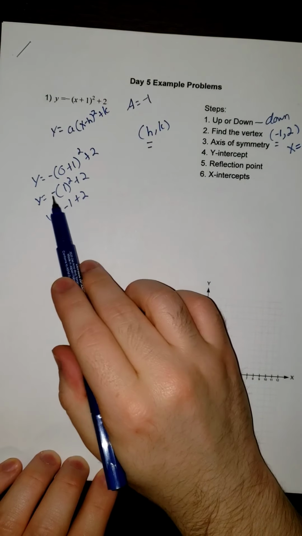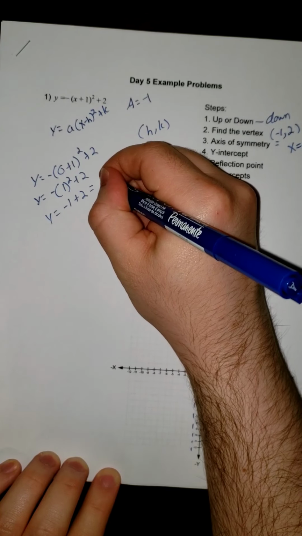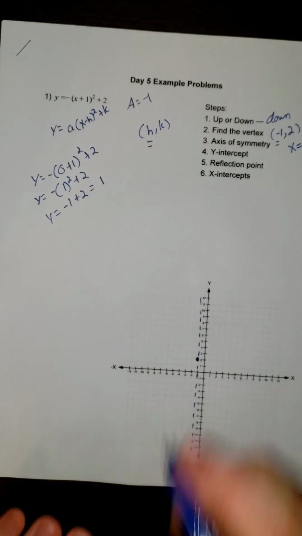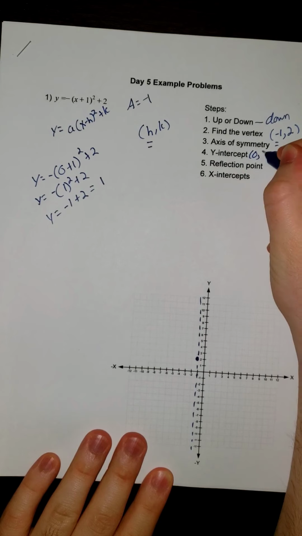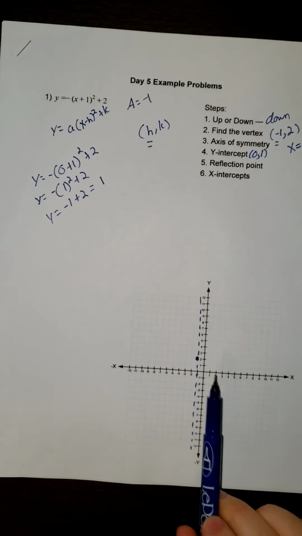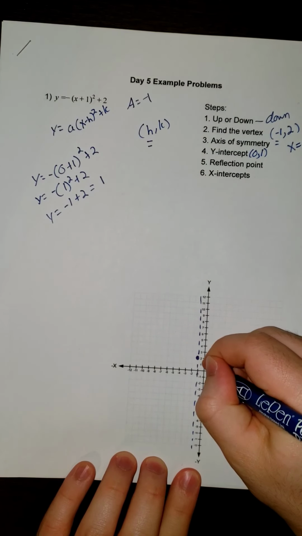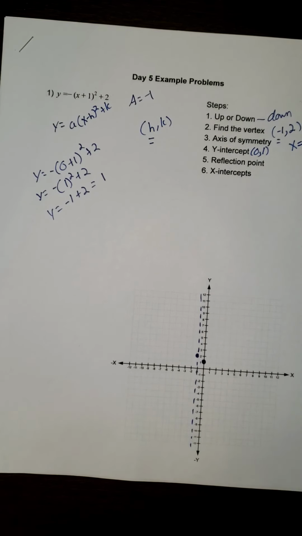That is in the front of the parentheses. So you'll eventually get y equals +1. So that means that the y-intercept is at 0, 1. Remember, the y-intercept will always be at x equals 0. So just on that y-axis, that's where our y-intercept goes.